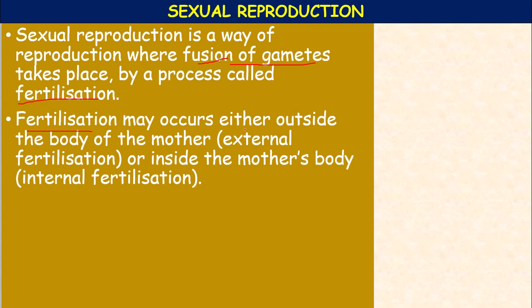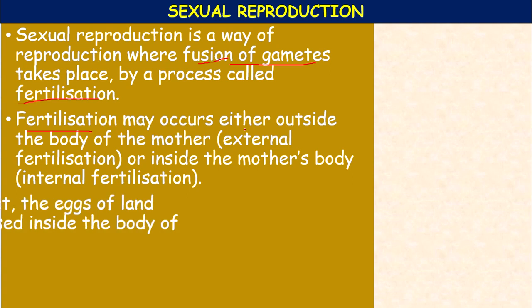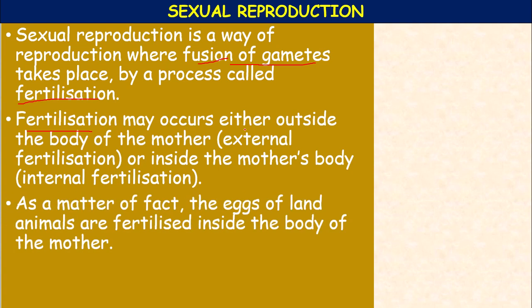Inside the mother's body is internal fertilization, where the male nucleus fuses with the female nucleus, which results in the production of the zygotic nucleus.